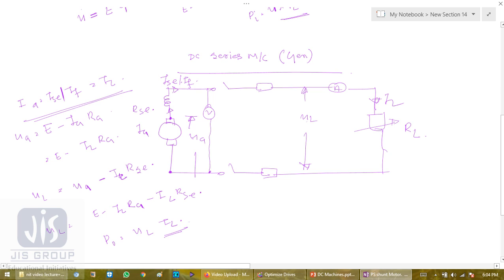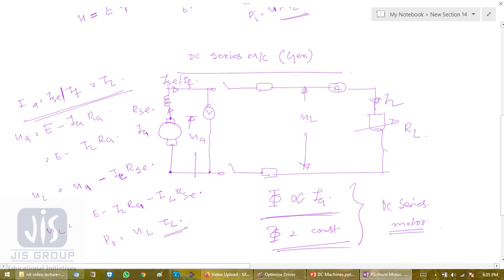So for a series machine, we can write phi is proportional to IA. And when it is saturated, phi will become constant. Saturation means constant. This also holds true for the DC series motor.